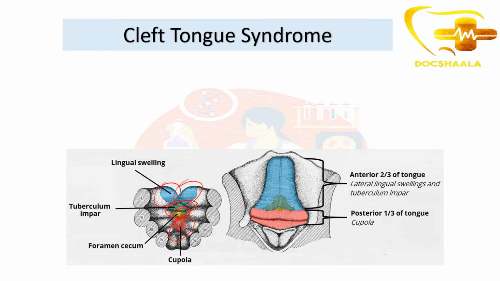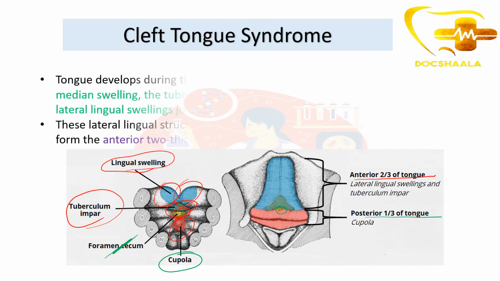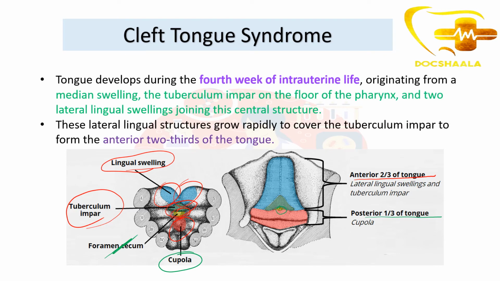As you know, the anterior two-thirds of the tongue is formed from the lingual swellings and the tuberculum impar, whereas the posterior one-third of the tongue is formed from the copula. The foramen cecum remains as it is. So that is a brief about the embryology of the tongue.